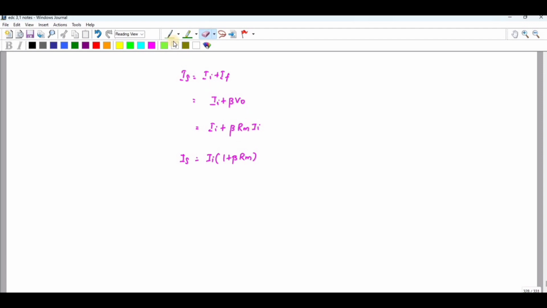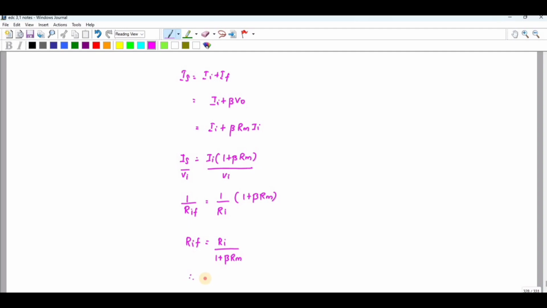Here I am going to divide the whole term by Vi. If I divide the whole term by Vi, I will get 1 divided by Rif is equal to 1 divided by Ri into 1 plus beta Rm. From this I can write Rif is equal to Ri divided by 1 plus beta Rm.